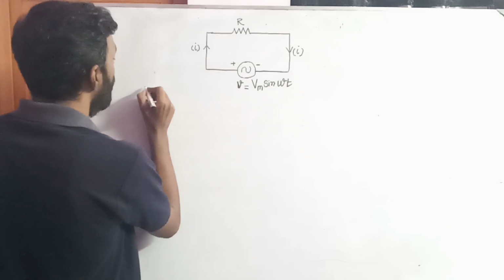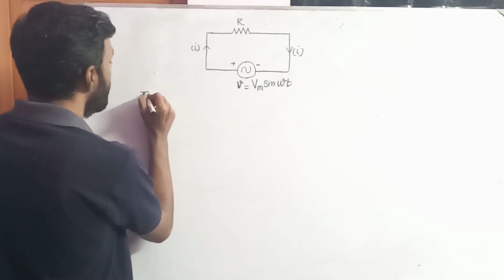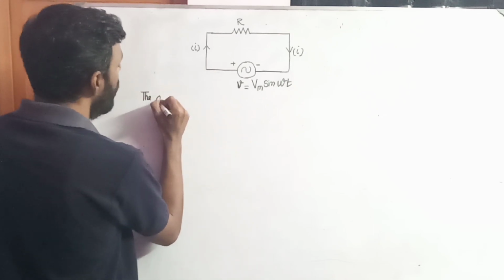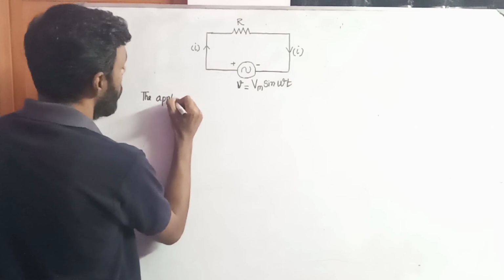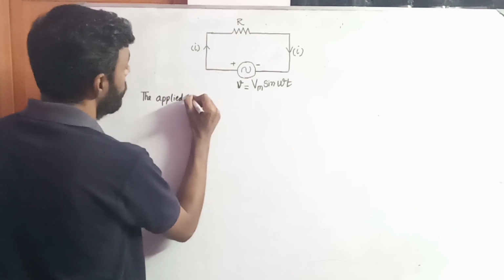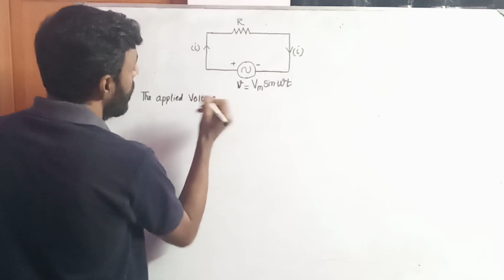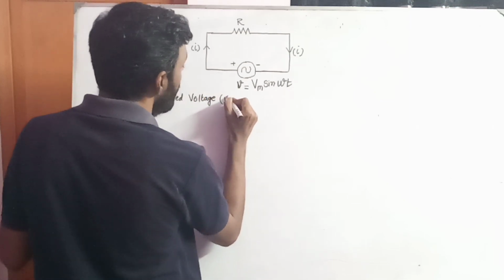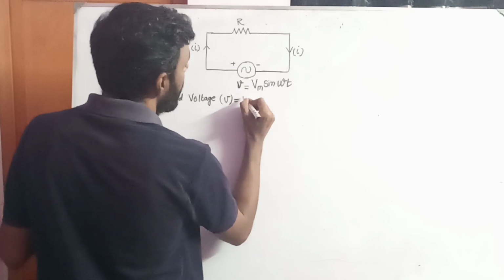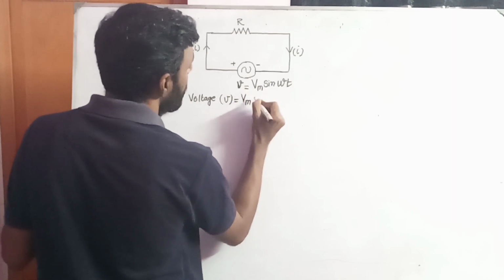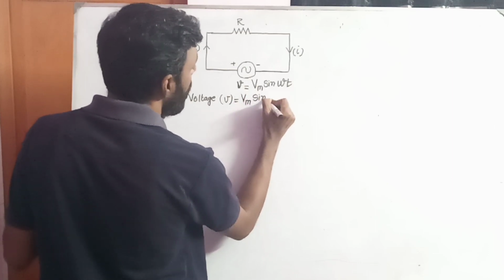Getting into the derivation part, the applied voltage small v will be capital Vm into sine of theta.